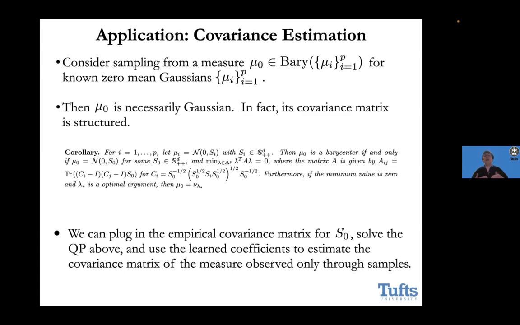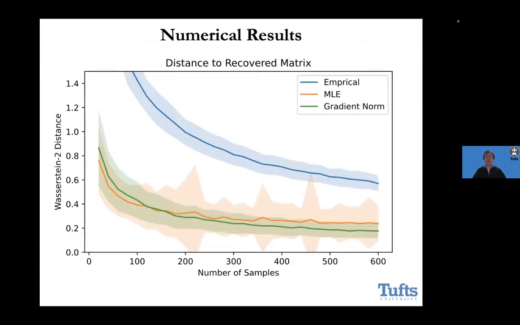So the procedure is: get a covariance matrix empirically, the old-fashioned way, run our quadratic program to get approximate coefficients, and then use that to estimate the underlying Gaussian measure. And it works a lot better than the empirical estimation procedure where you would just take the samples and do rank one sums to get the covariance matrix.